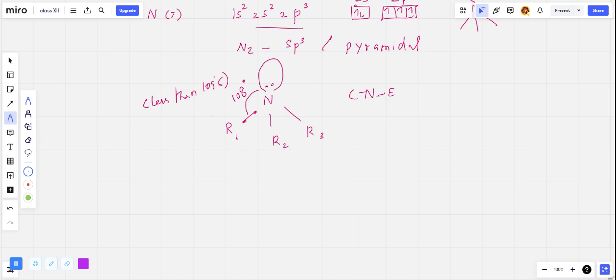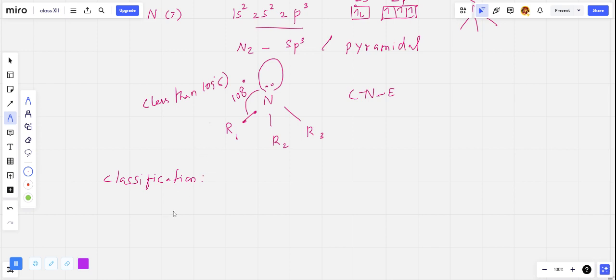The next one we'll see is the classification of amines. They are primary, secondary, and tertiary amines.